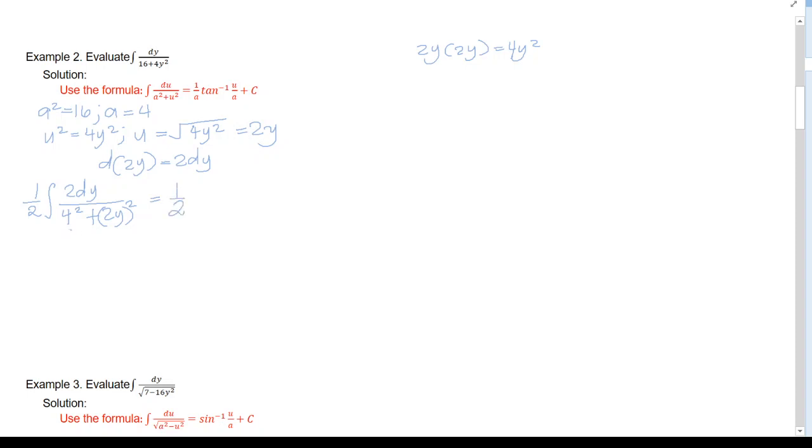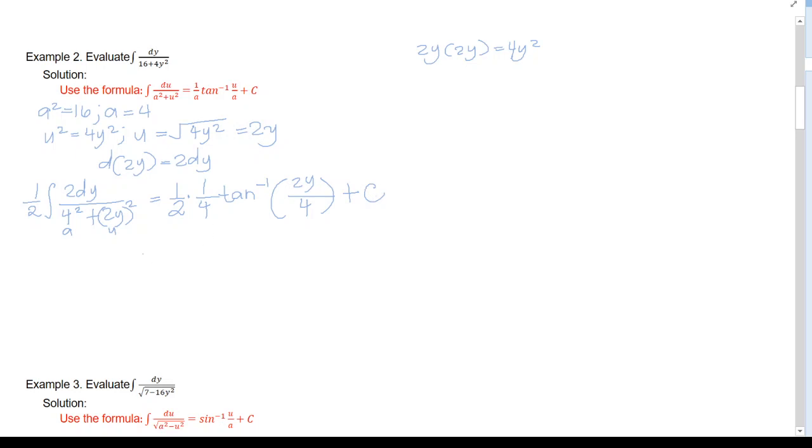So that is equal to 1/2, where a is 4 and u is 2y. Substituting that, it will give us 1 over 2 multiplied by 1 over a, which is 4, the arctangent of u, which is 2y, divided by a, which is 4. So that is plus c.